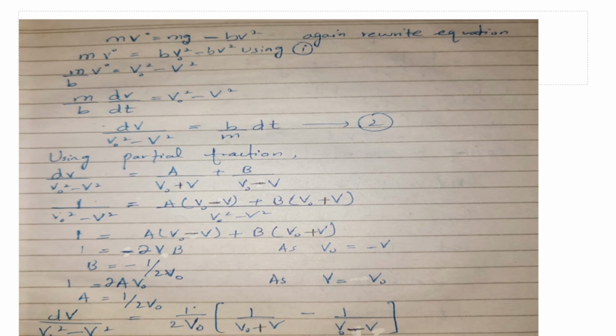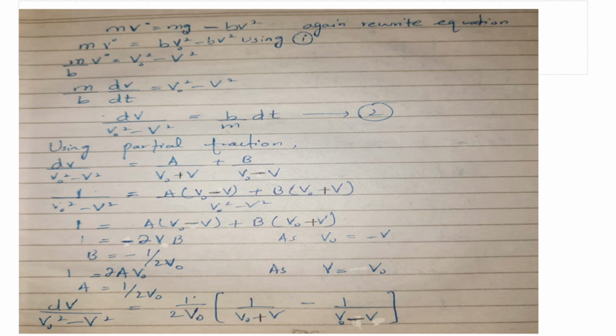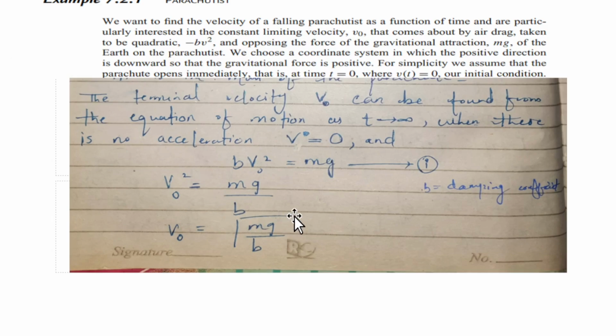Now take this equation again and arrange it. Using equation 1, bv square equals mg, you put in the value of mg.